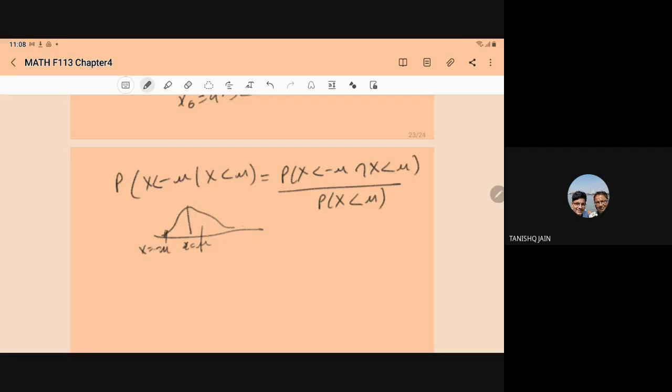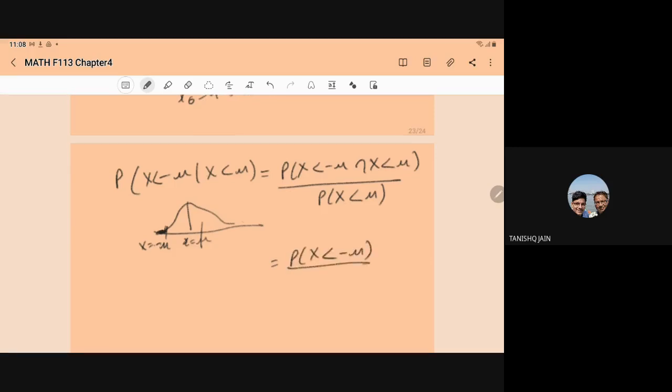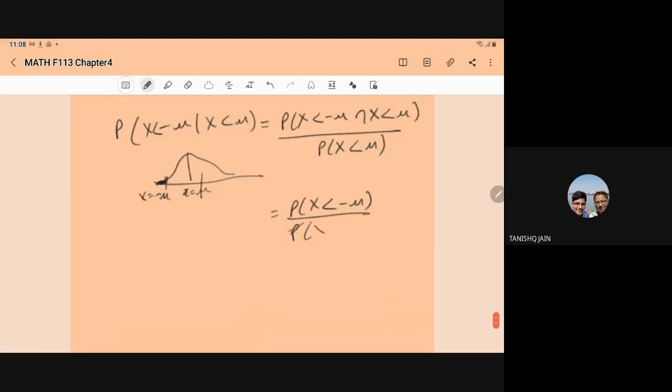The intersection will be this one, x less than minus mu. So the numerator will become probability x less than minus mu upon probability x less than mu.